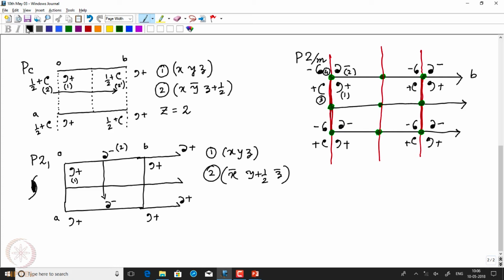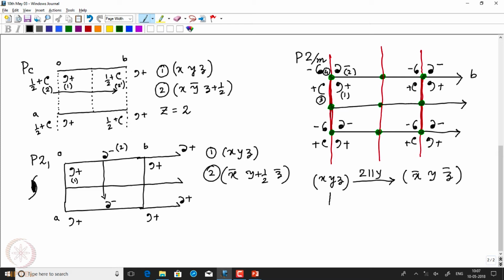Now let us try to derive the corresponding equivalent points. We have x, y, z. We first apply 2 parallel to y. What we get is x bar, y, z bar.